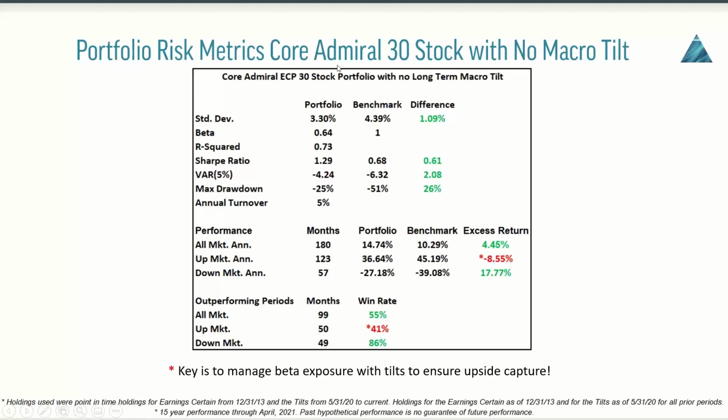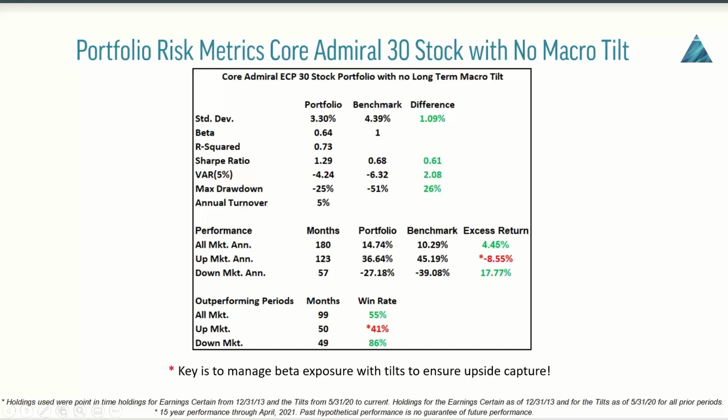Okay. So when we start talking about the Admiral 30, the first thing we need to look at is the Admiral 30 portfolio with no tilts applied. So this is literally the Admiral 30 in core. And what I want everybody to take notice is the beta, the Sharpe ratio, almost 2 times the return per unit of risk relative to the S&P 500.